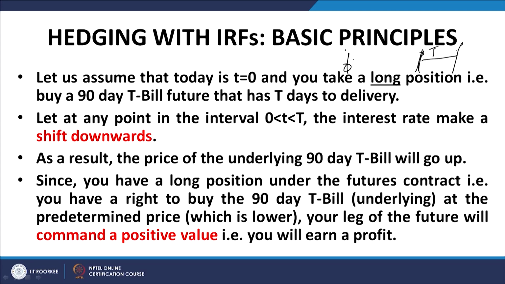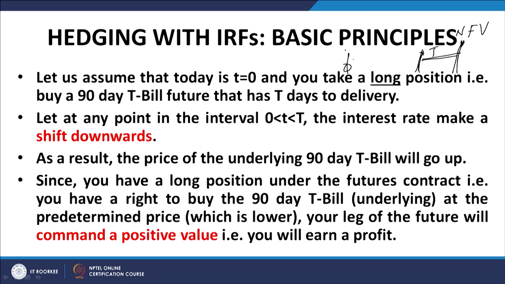In other words, after 90 days, or whatever that underlying is, 91 days, 92 days or 90 days, after that period you will receive the face value of the T-bill. This is capital N. At capital N, you will receive the face value of the T-bill, by delivering the T-bill or by an entry directly into your account. So, that is how futures operate.